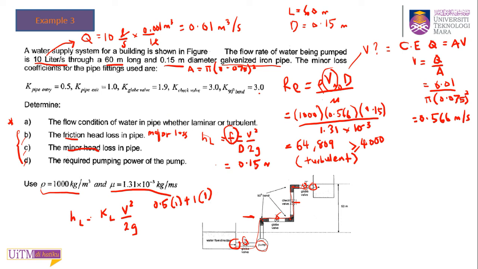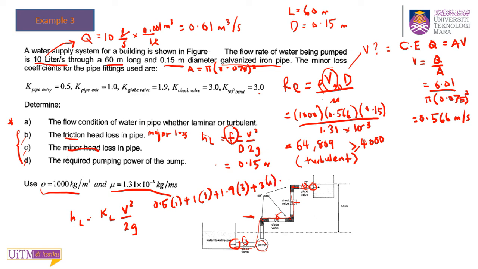And the globe valve, you have 3, so plus the loss coefficient of the globe valve, 1.9, times 3, because you have 3. Plus you have the check valve, one check valve, with a loss coefficient of 3, so 3 times 1.